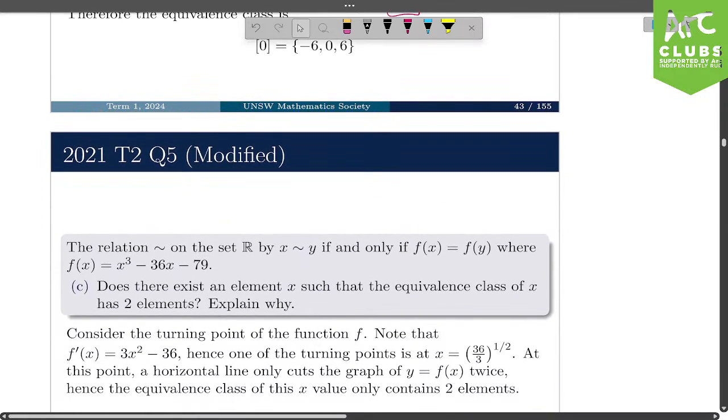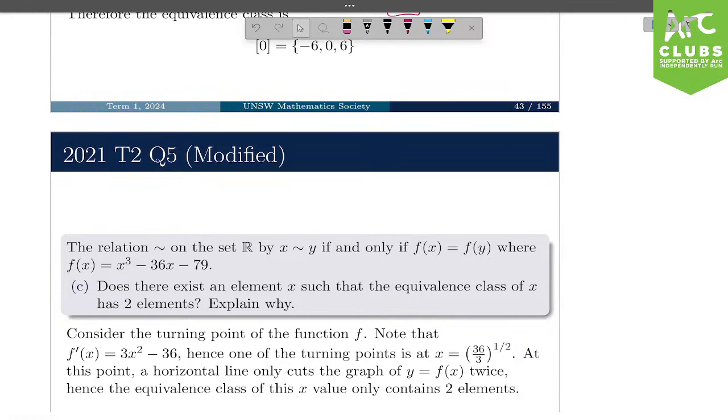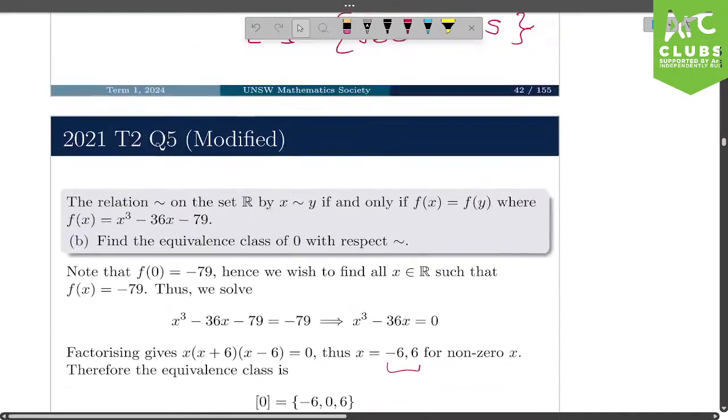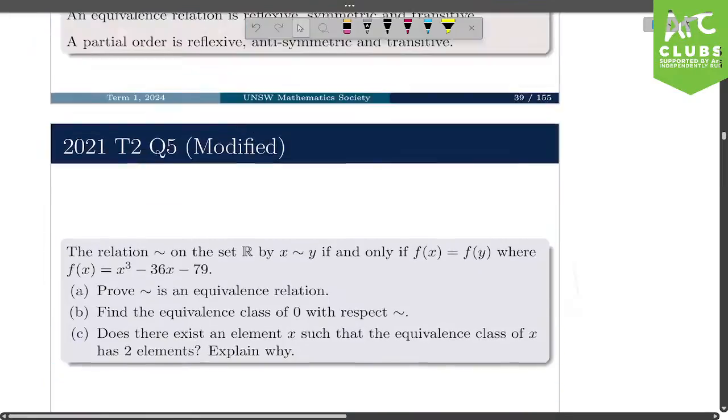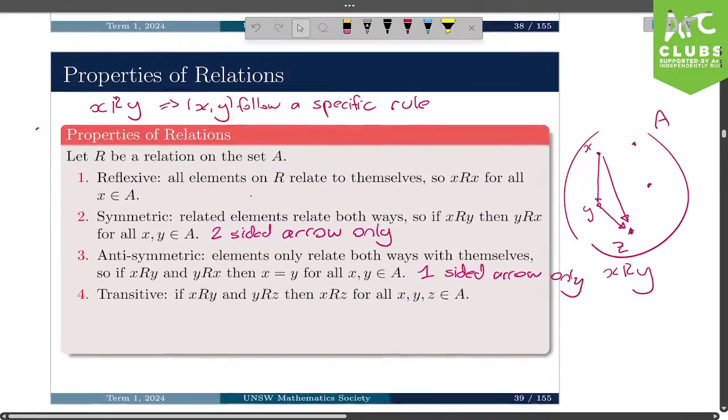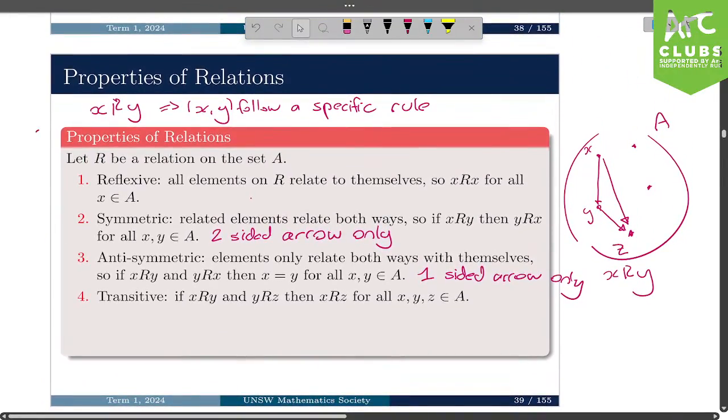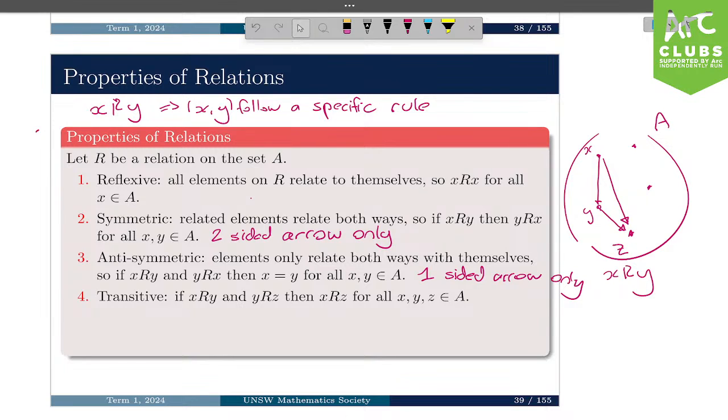Alright. So we have the relation, same stuff. Okay, so we'll go back. Symmetric is that all elements are related both ways, right?